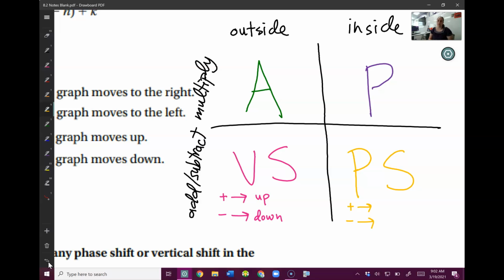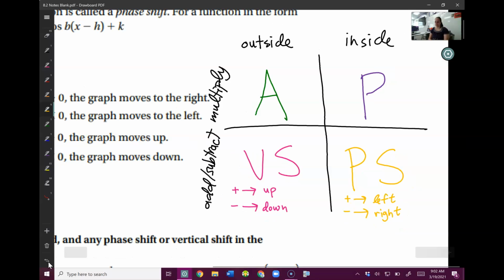It's opposite what you think it should be. So positive on the inside phase shift is actually to the left, whereas negative on the inside phase shift is actually to the right, which is counterintuitive, but that's how it is.